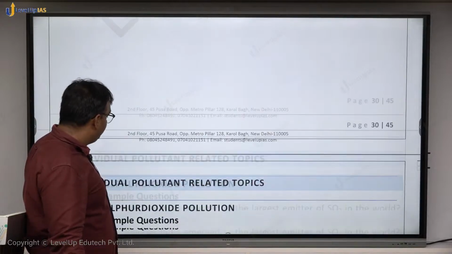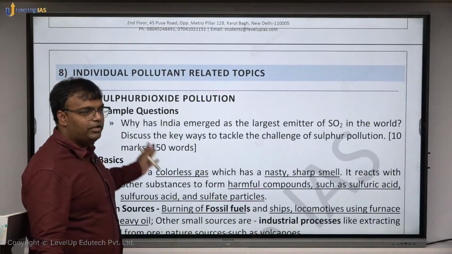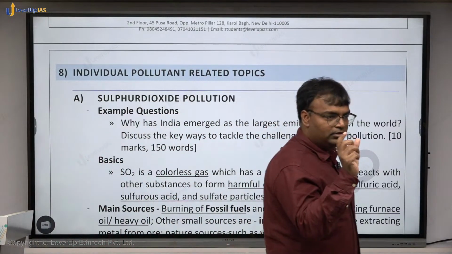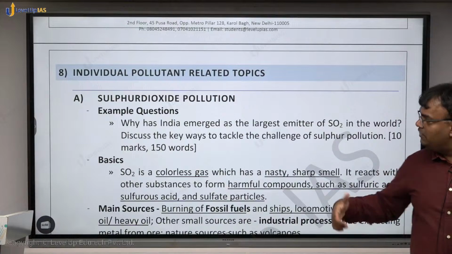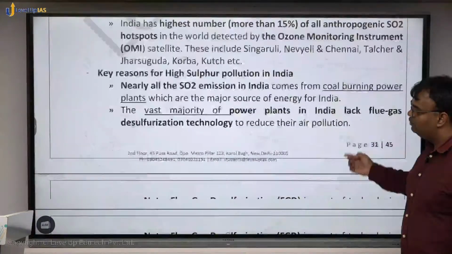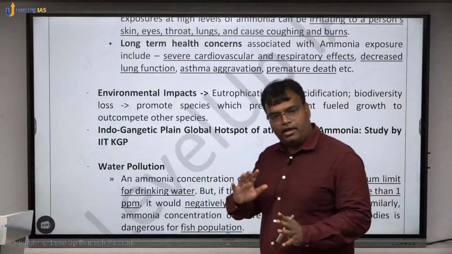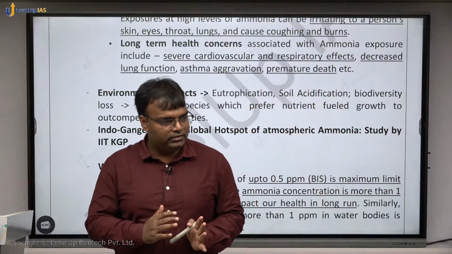इसके अलावा ना कुछ छोटे छोटे टॉपिक्स है, सल्फर डाइऑक्साइड पोल्यूशन, जैसे वो फोटोकेमिकल स्मॉग पे क्वेश्चन आ गया ना, इंडिविजुअल पोल्यूटेंट पे, ऐसे ही सल्फर डाइऑक्साइड पोल्यूशन है या अमोनिया पोल्यूशन है, इन सब पे कुछ छोटे छोटे टॉपिक्स हैं. आई एम नॉट गोइंग टू कवर इट इन क्लास, ये आप लोग अपने आप से पढ़िए.